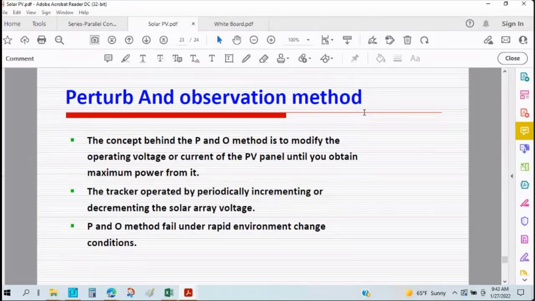If we can vary the voltage, it will be possible to track that maximum power point for a particular weather condition, and we can operate the MPPT controller at that point.